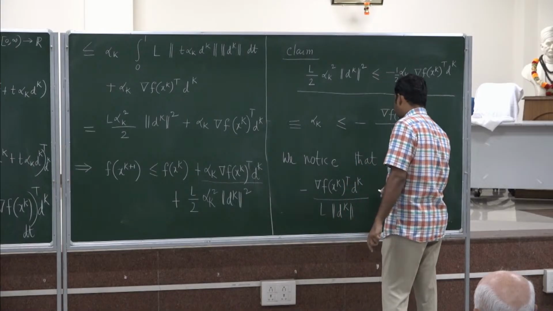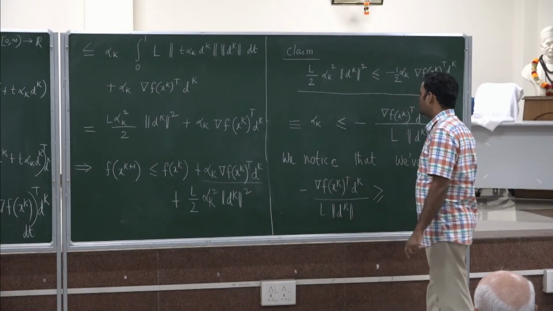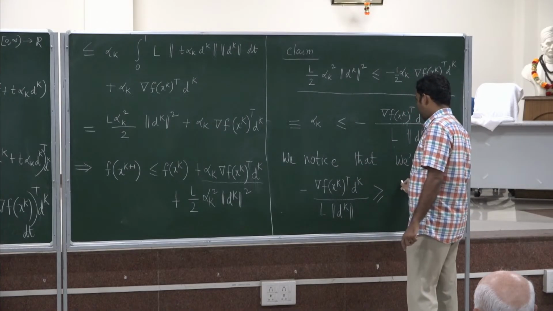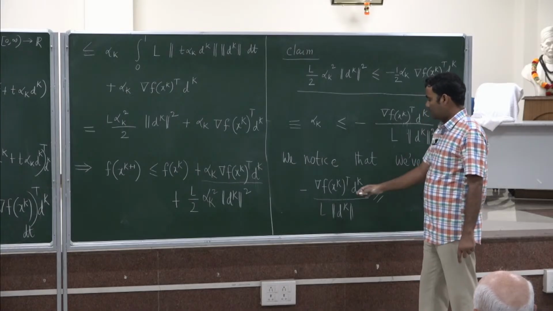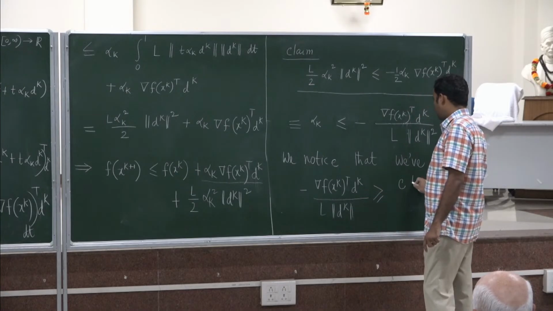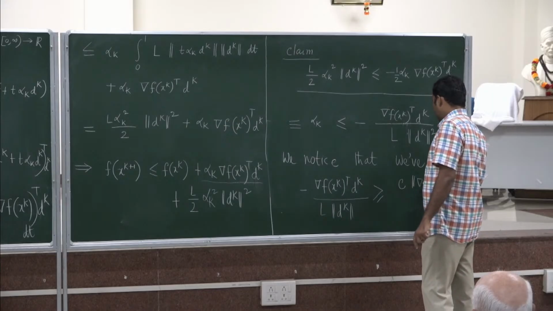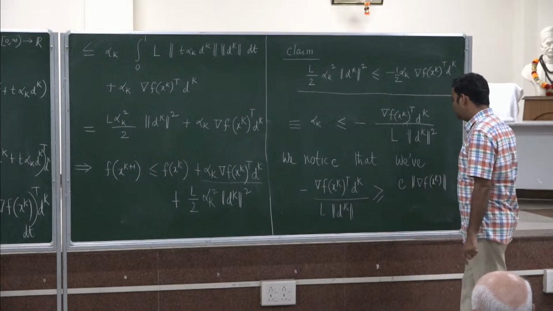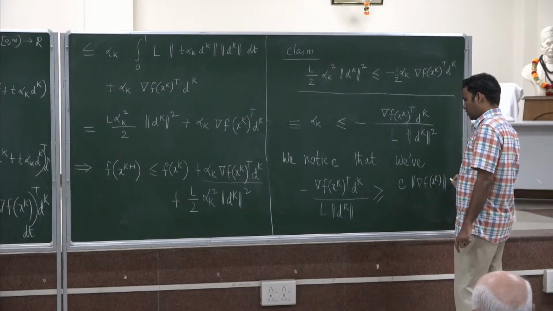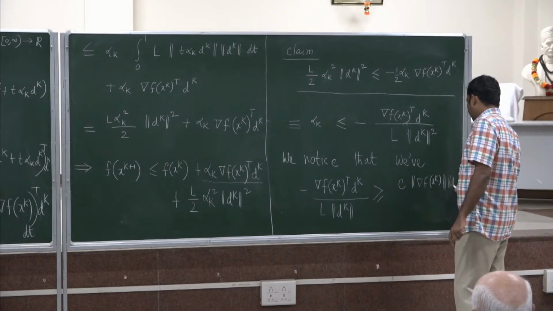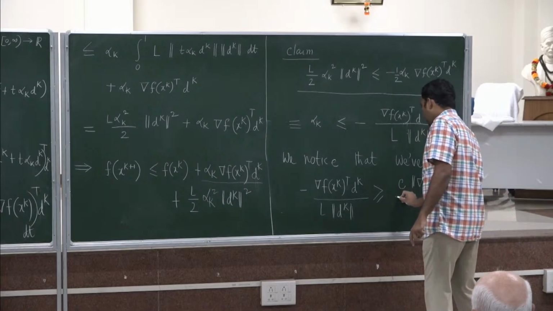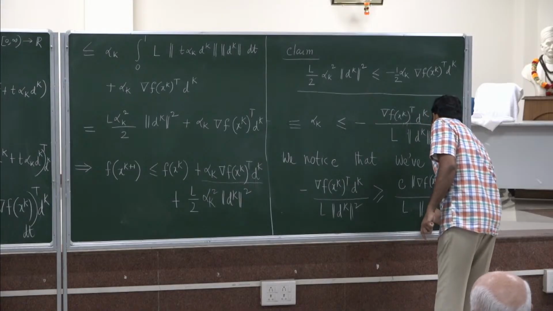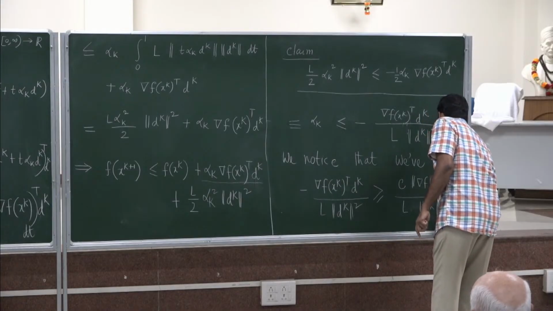This portion is greater than equal to, by the angle condition, c times norm of grad f(xk) and norm of dk, divided by L norm of dk square, right.